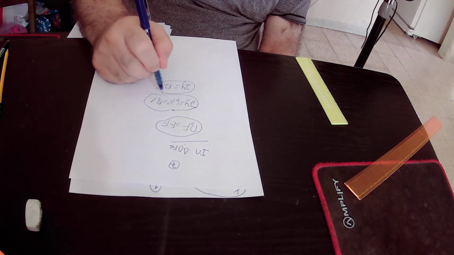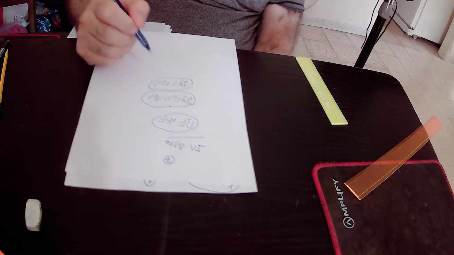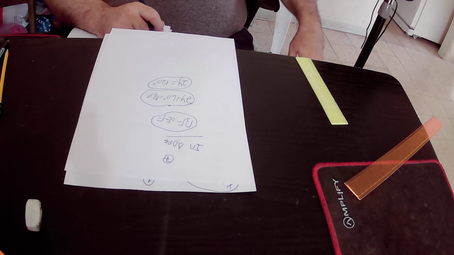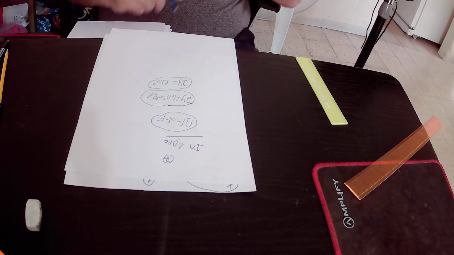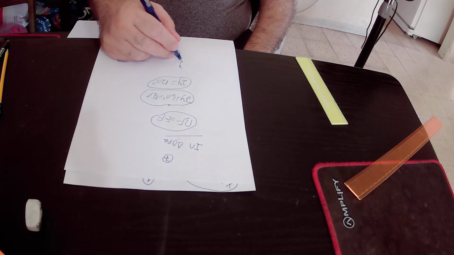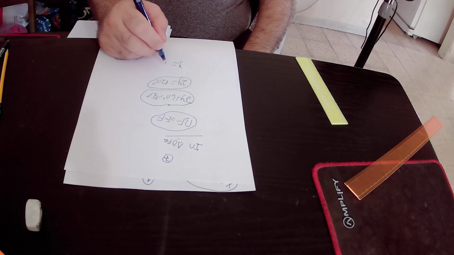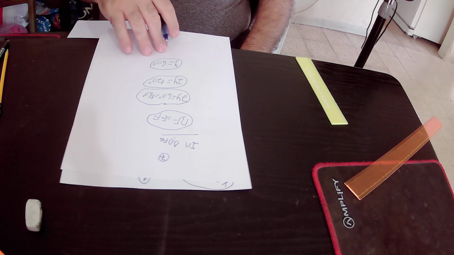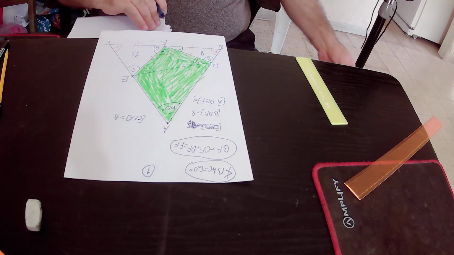So we found out that 2y equals 120 degrees. Now we will divide this equality by 2 in order to get the value of y. We will find out that y equals 120 degrees over 2, which is 60 degrees. So the size of angle y is 60 degrees.